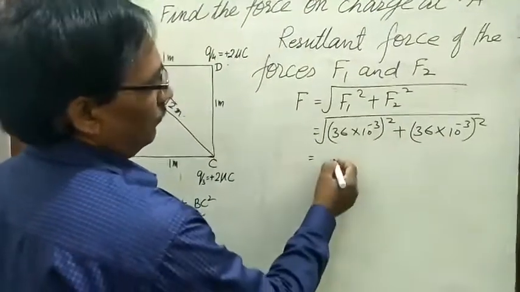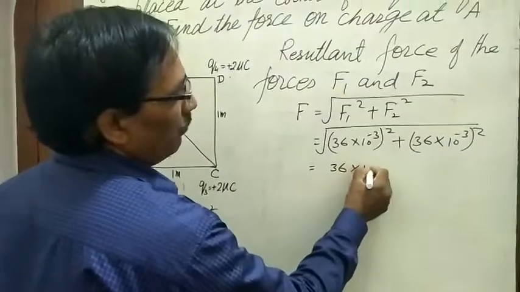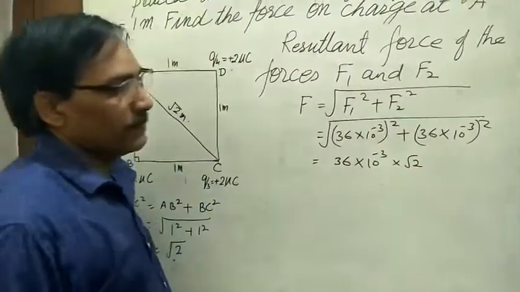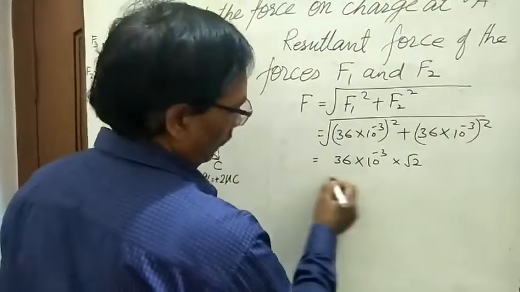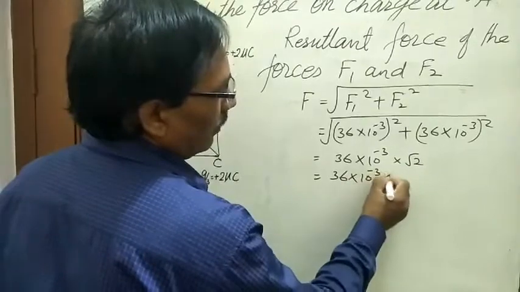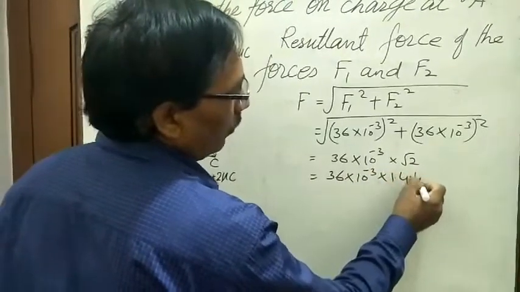So we will have 36 into 10 power minus 3 into root 2. It will be equal to 36 into 10 power minus 3 into 1.414.